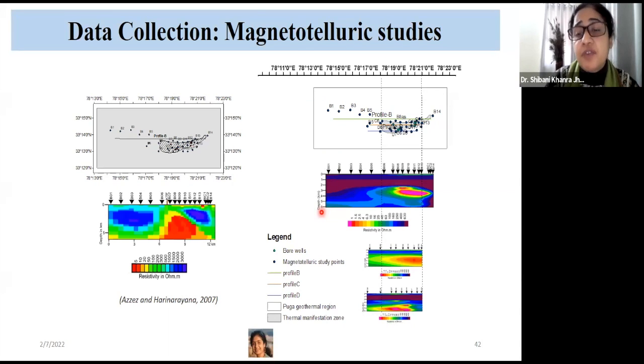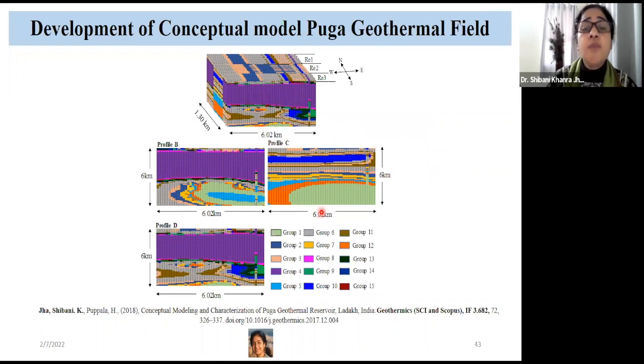And we have taken this information base further for our study, and then moved into developing the conceptual model for this particular Puga geothermal field. This conceptual model further leads us to characterize the field, which was required to assess the potential of this particular field.